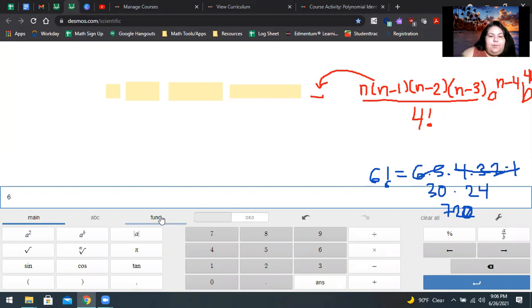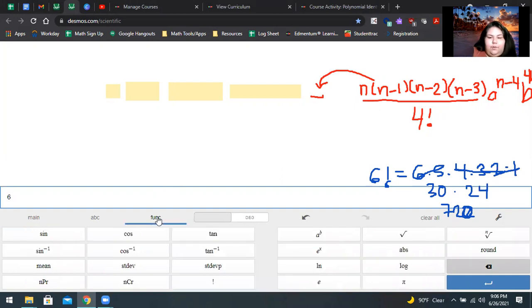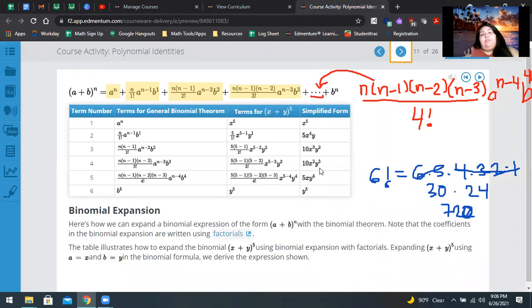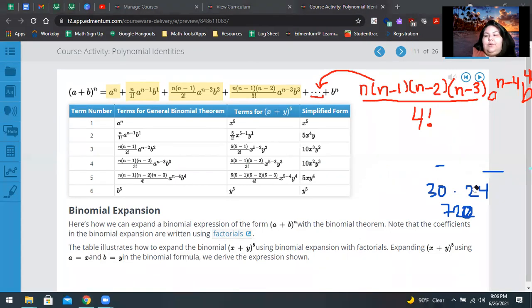If you're uncomfortable typing it onto the keypad, you can go over here to functions. Is it under functions? Yes, it is. Here's my factorial symbol, or you can just type in the exclamation point yourself. And they also got 720. So remember, it's that number and you're doing a countdown, and every single number you're writing, you go ahead and multiply.